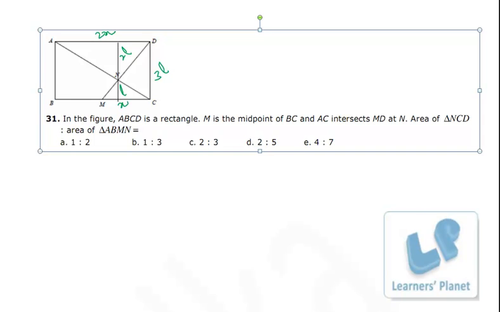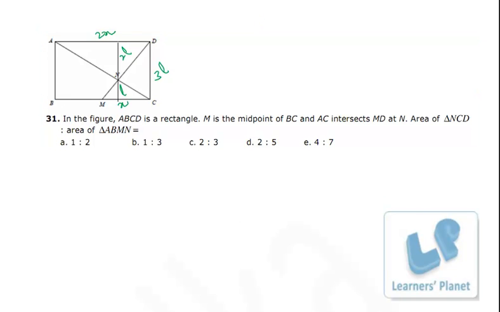Okay. Now we find the area of NCD. From DMC, if we deduct MNC, we can get NCD, right? So DMC is half of 3L into X, that is the area of MDC.